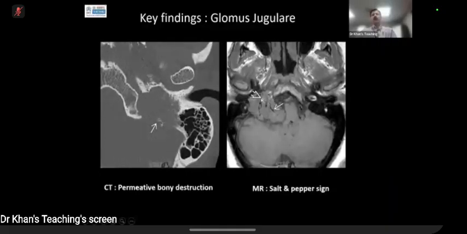You might see some microhemorrhages, which are high signal on T1, and you can see filling defects because these are very vascular vessels which have got high velocity flow, which appear as low signal. Salt and pepper sign on an MR, on a non-enhanced T1. Same thing you can see in carotid sheath, as I have told you. And on a CT scan, you can see this bony destruction.